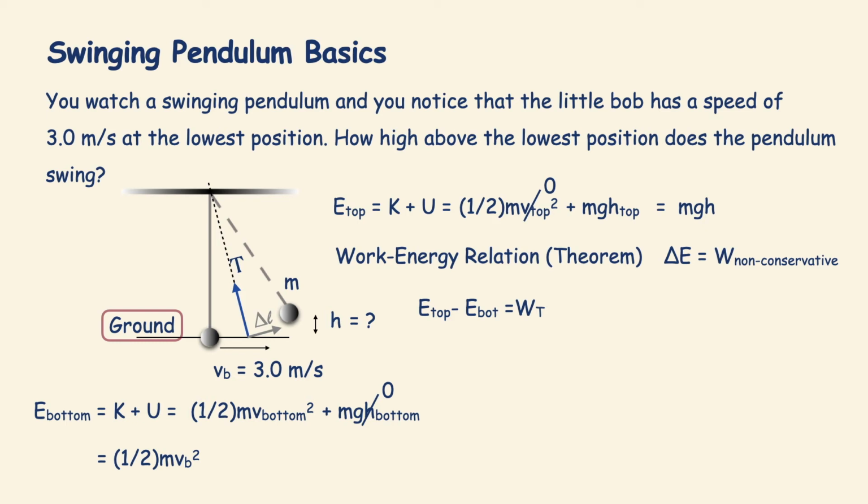As the bob swings up or down, both the tension and the displacement vector will be rotating together with the bob. The important thing here, however, is that the angle between the two vectors will always remain equal to 90 degrees, because tension will always be in the radial direction of the circle and delta L will always be in the tangential direction of the circle.